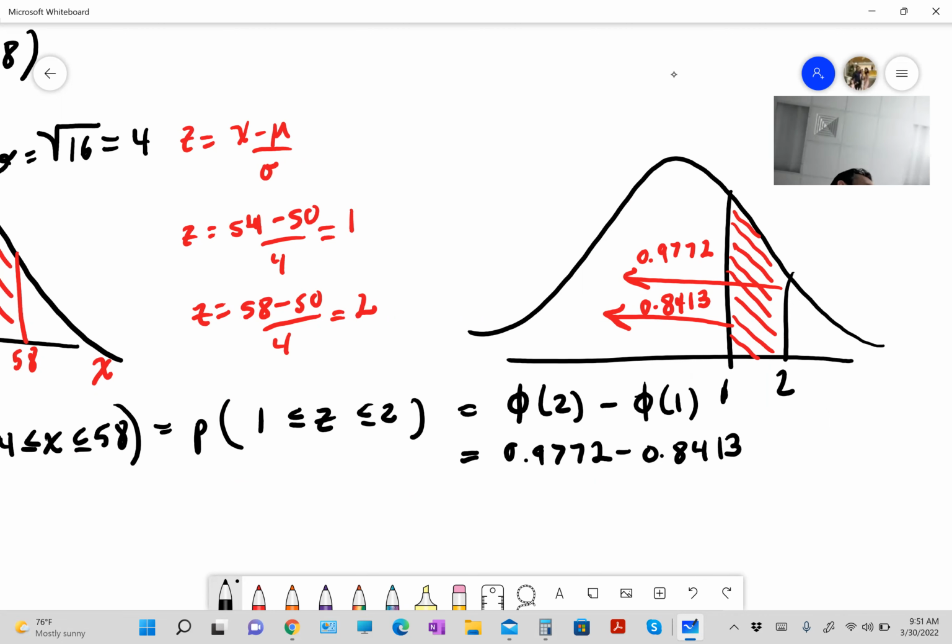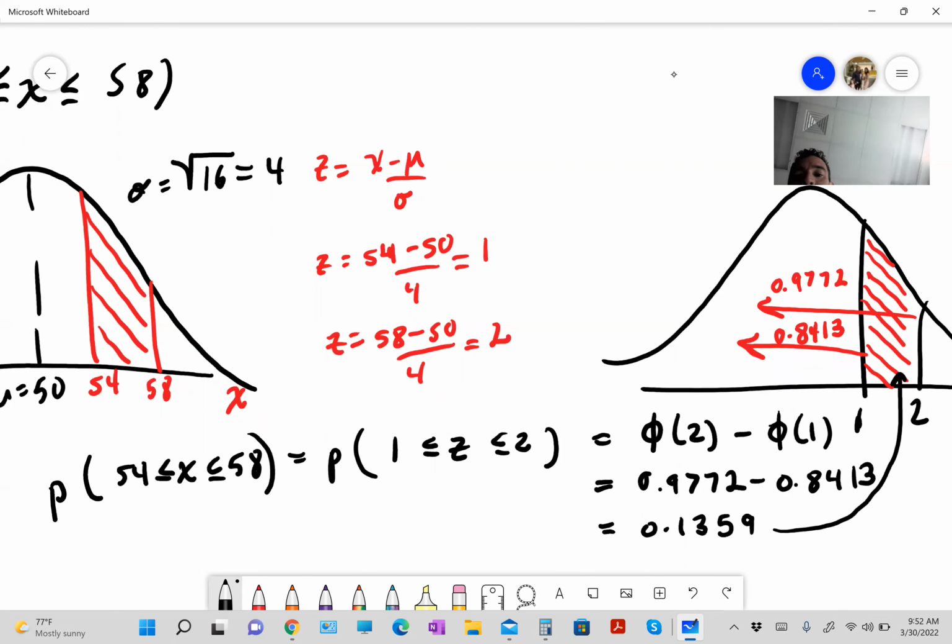Does that make sense? Yes. It comes out to be 0.1359. And that is this area. Therefore, that reflects this other area here, which are the same.